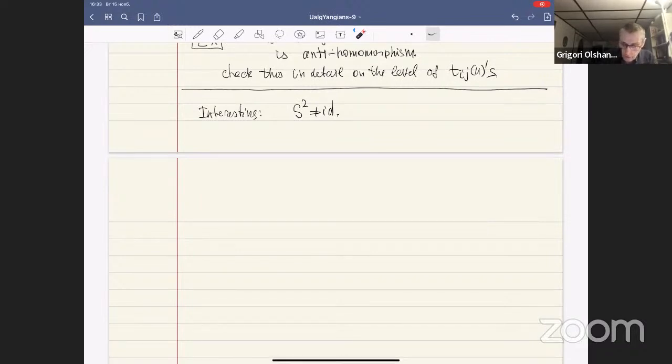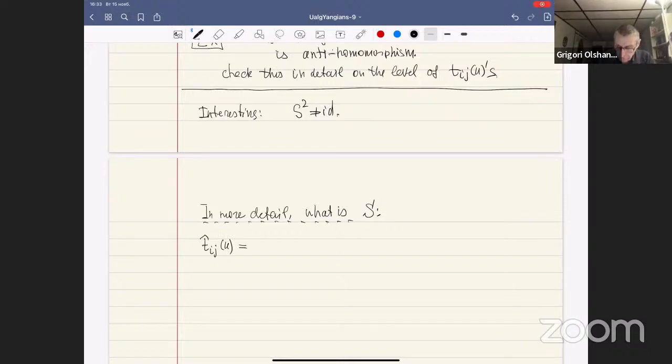So first, let us write in more detail what happens. Let's examine this map S. By definition, these are the images of our generators.